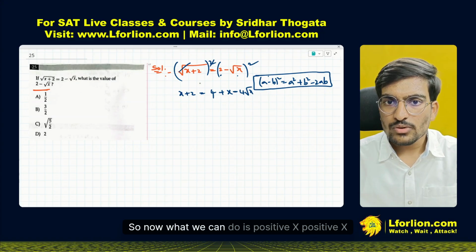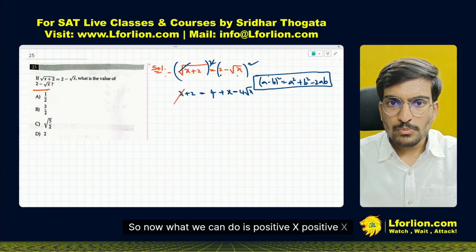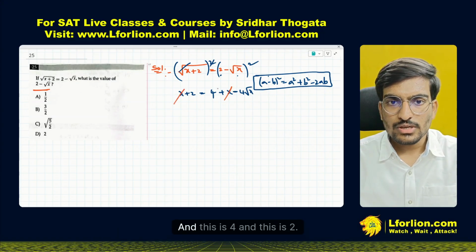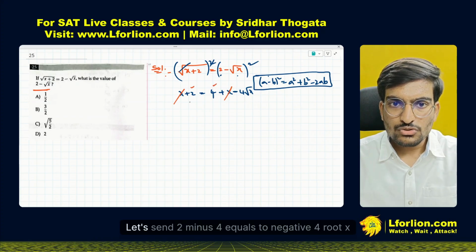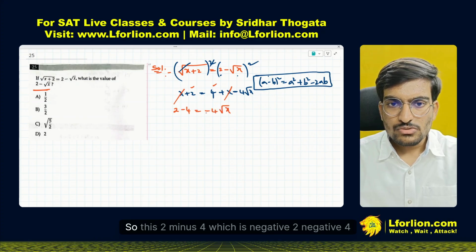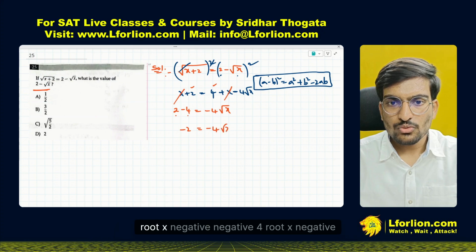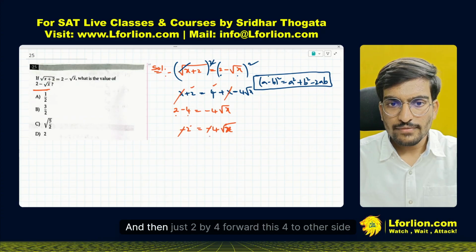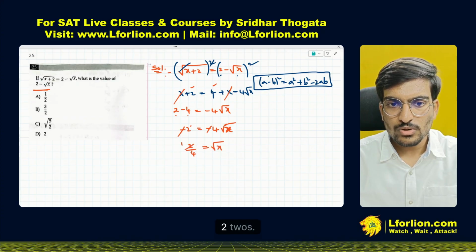Now the positive x on both sides we can cross out, and this is 4 and this is 2. Let's send 2 minus 4 equals negative 4 root x. So 2 minus 4, which is negative 2, equals negative 4 root x. The negatives cancel, and then 2 by 4, forwarding this 4 to the other side, we get root x, 2 ones, 2 twos.